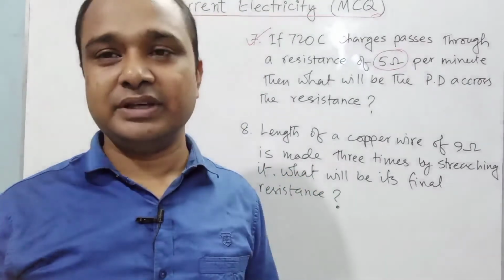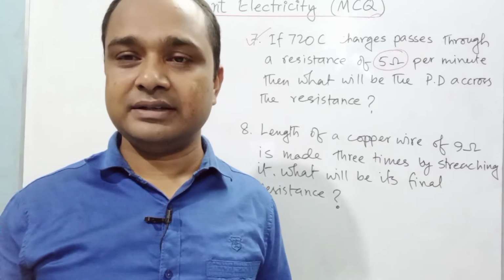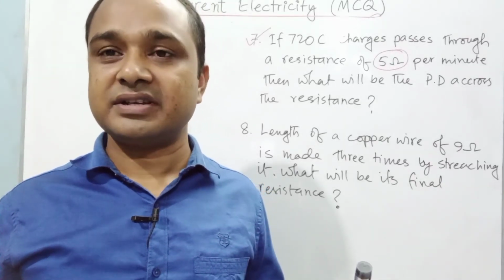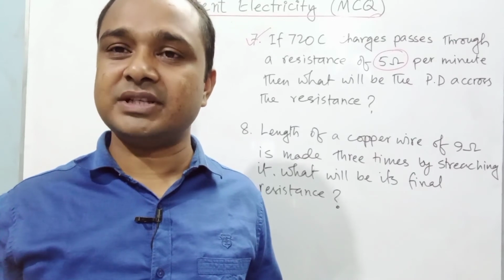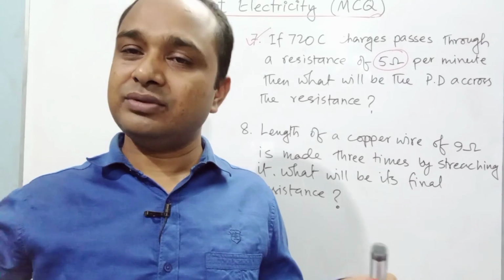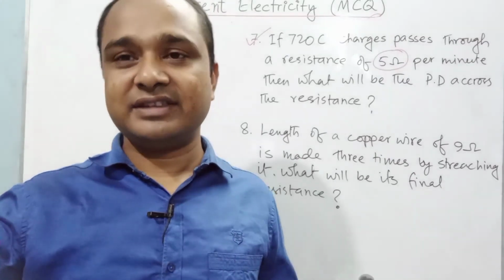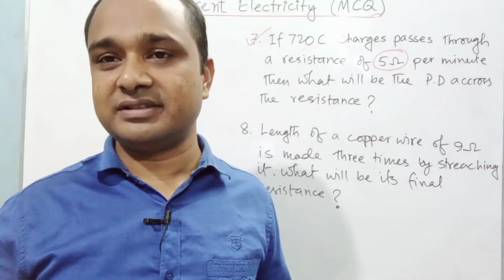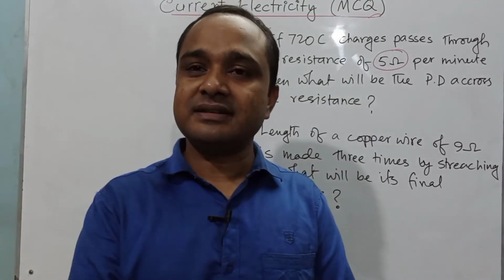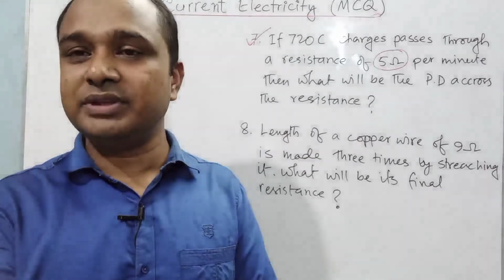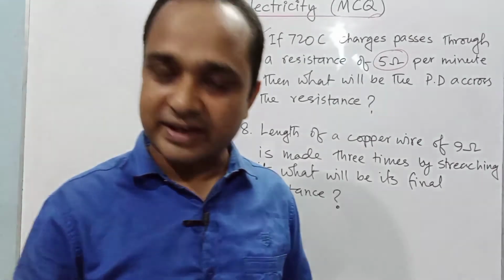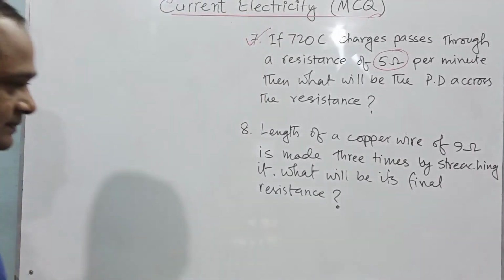If we make the length of the wire 3 times, the length will be increased and at the same time the area of cross section will be decreased. When we stretch a wire, when length increases, it becomes thin, that is the area of cross section decreases. So there are two changes in this phenomenon. First, length will be increased and area of cross section will be decreased. So what will be the final resistance?